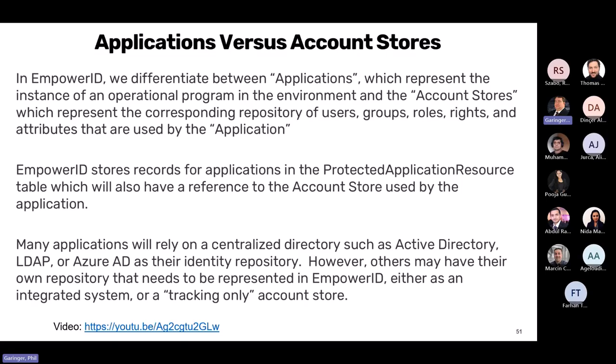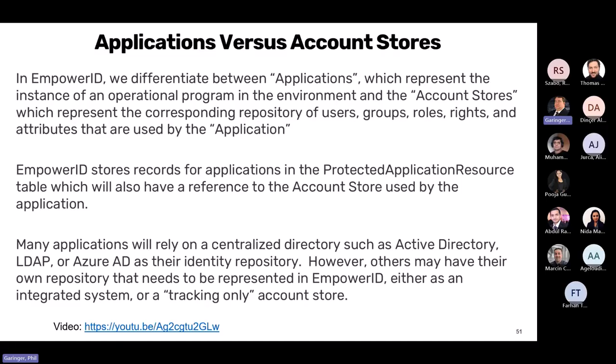And the application will be associated with an account store, which represents the repository that the application's identities and stuff are in. So when you create an application, you can create an account store with that application, or you can say that this application uses this account store, this repository.